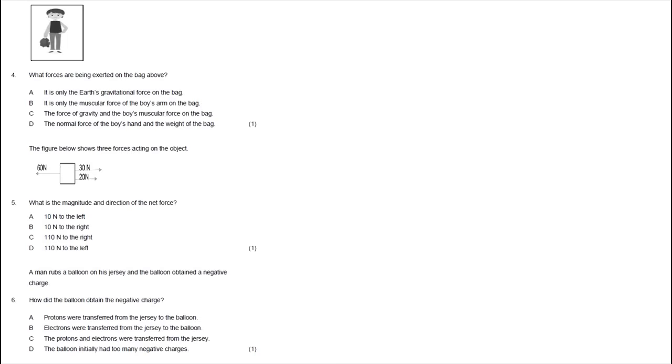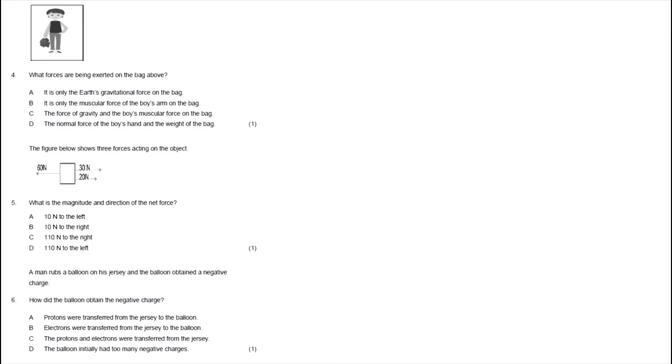Now let's move to question 4. It says: what forces are being exerted on the bag above? We can see that the boy's arm pulls up and gravity pulls the bag down.